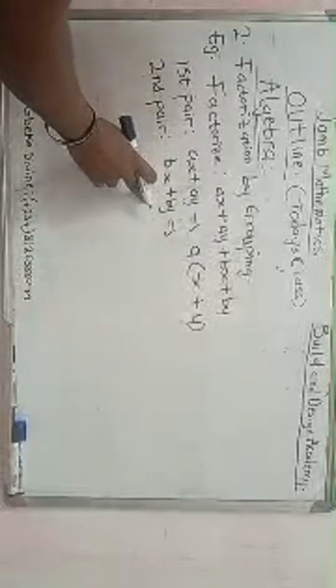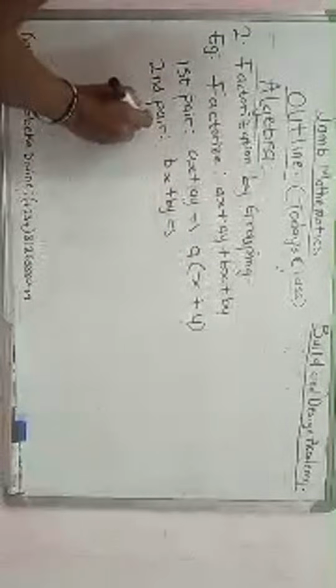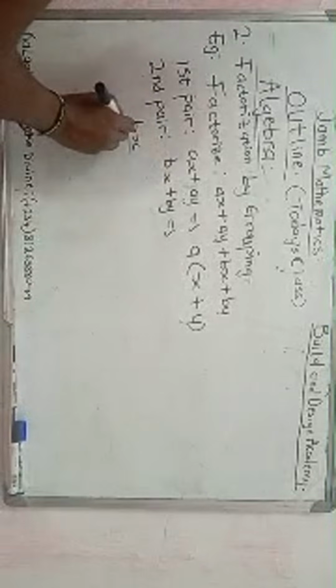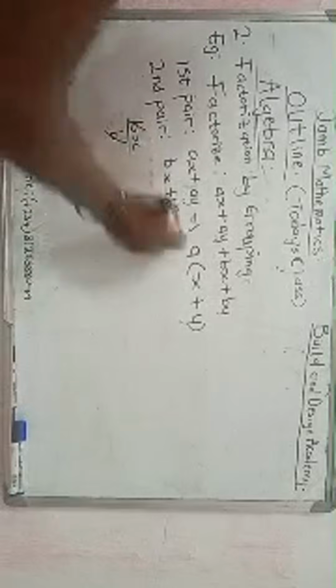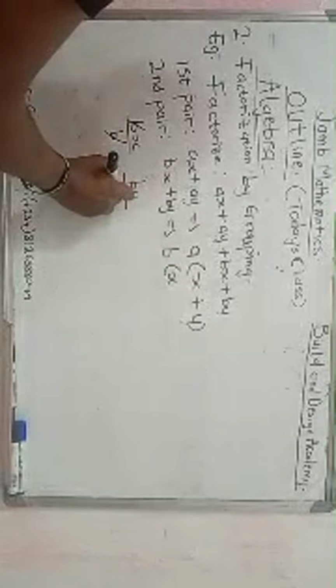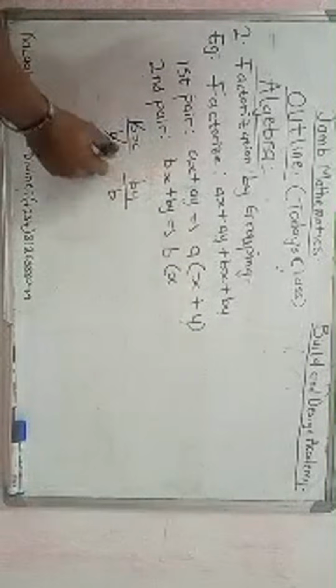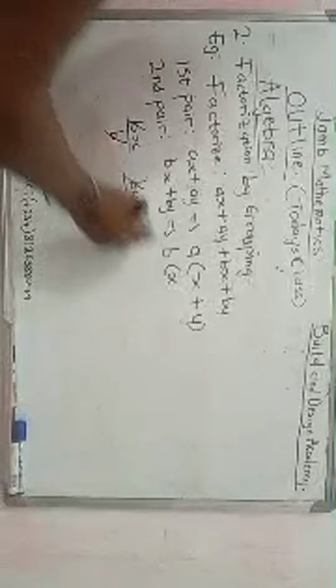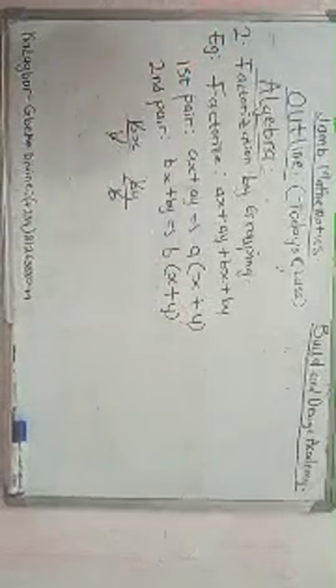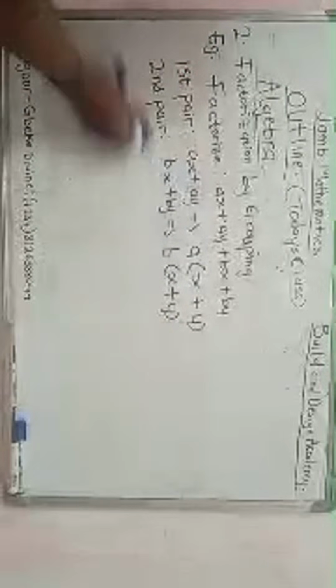Now, to get the common one, bx divided by b, since b and b is common here. B will cancel b. We'll be left with b into x. Now let's do for by divided by b. Since b is common between both of them, b here will go, b here will go. So we're left with plus y. So we are done with this. We have factorized them by grouping.